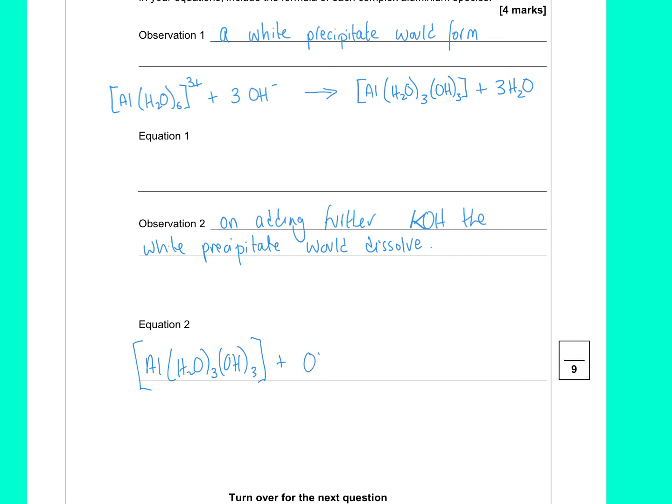So you can just put with 1 hydroxide, you could put it with 2, but we'll start with 1. Okay, and it forms a negatively charged complex.